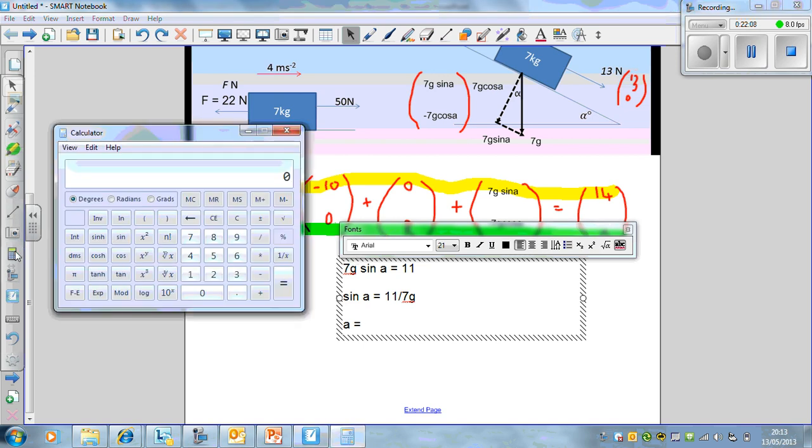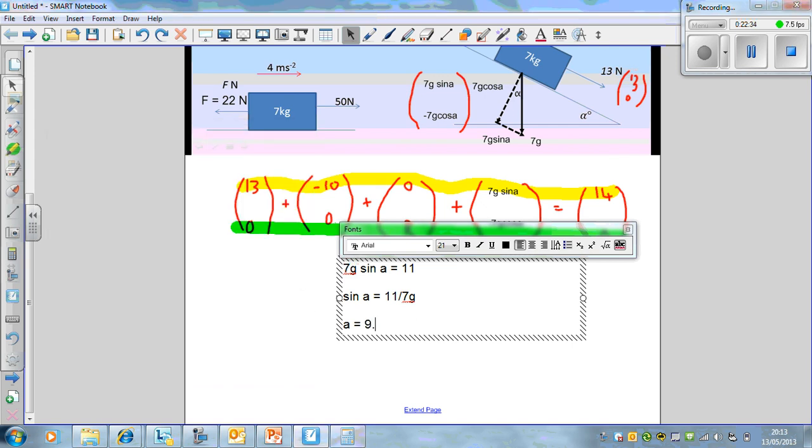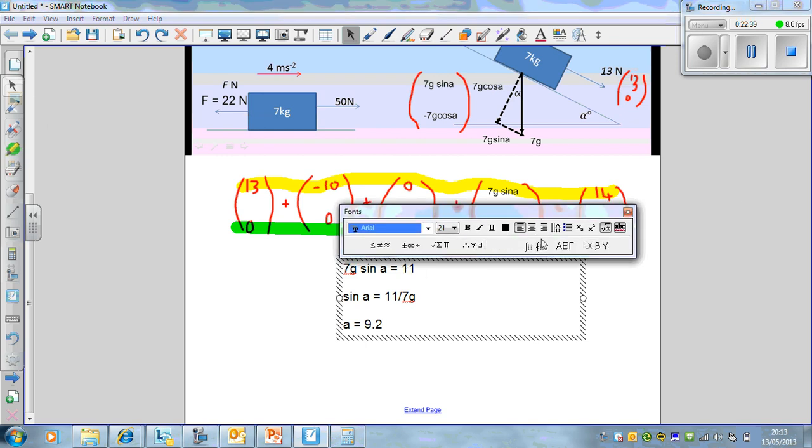So I'll divide that by 9.8 as well. So there's 0.016. Now let's arc sine that. So inverse sine, we get 9.23. I'm going to keep it as 9.2 degrees, because there's no way we're going to get that any more accurate if we were trying to measure it.